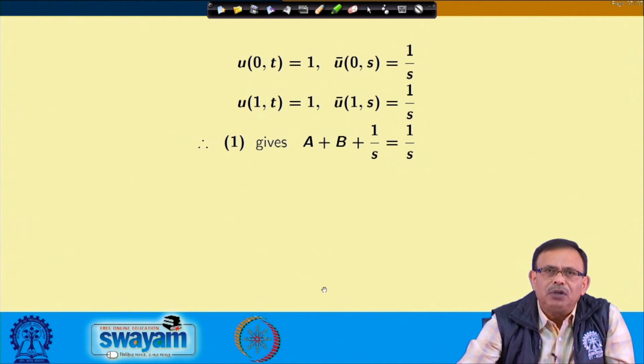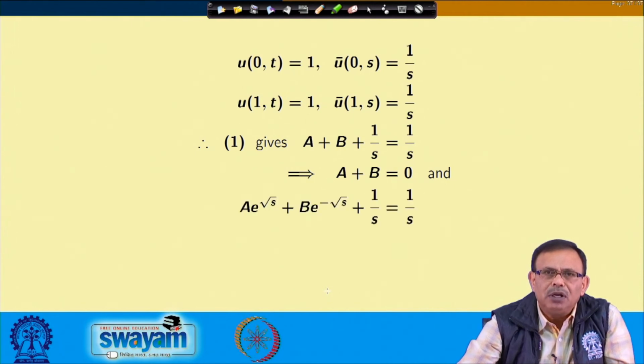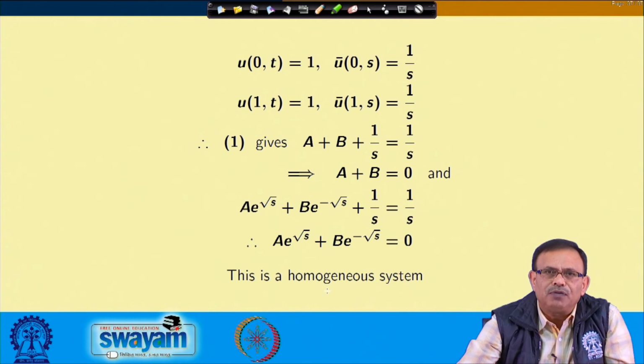If I put the first condition in equation 1, u bar 0 s equals 1 by s, you will obtain a plus b plus 1 by s equals 1 by s, or a plus b equals 0. And if you put the second condition, you will obtain a e to the power root s plus b e to the power minus root s equals 0.